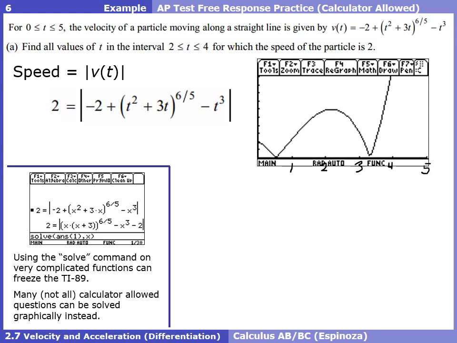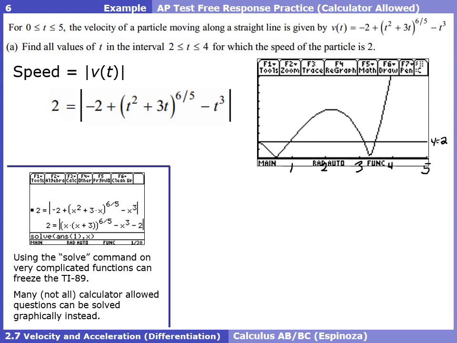Okay, so how are we going to do this problem? Well, we need to find when this graph, which is our absolute value graph, is equal to 2, which means I need to find when the line 2 crosses my absolute value graph. So that extra line I drew in right here is the line y equals 2.